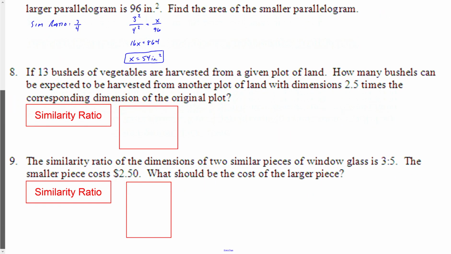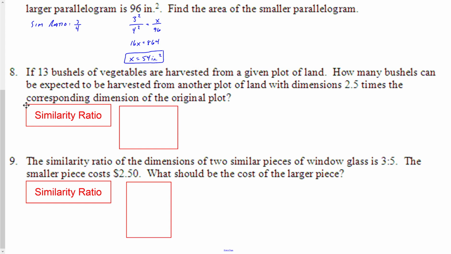Number 8 gives us, we have 13 bushels of vegetables harvested from a given plot of land. How many bushels can we expect to be harvested from another plot of land with dimensions 2.5 times the corresponding dimension of the original plot? So here, first thing you have to figure out, like normal, is the similarity ratio. But you're only given one number that deals with the dimensions.